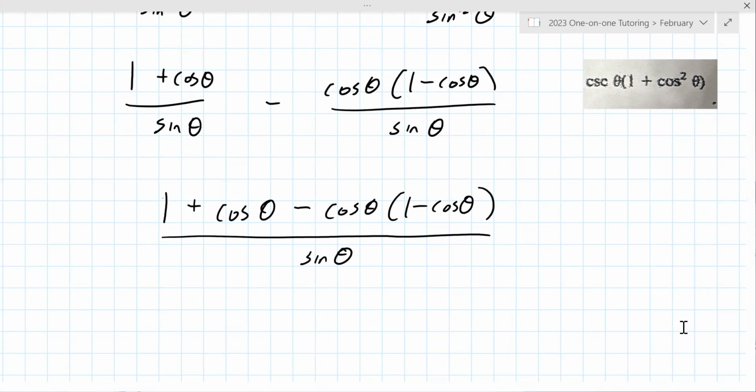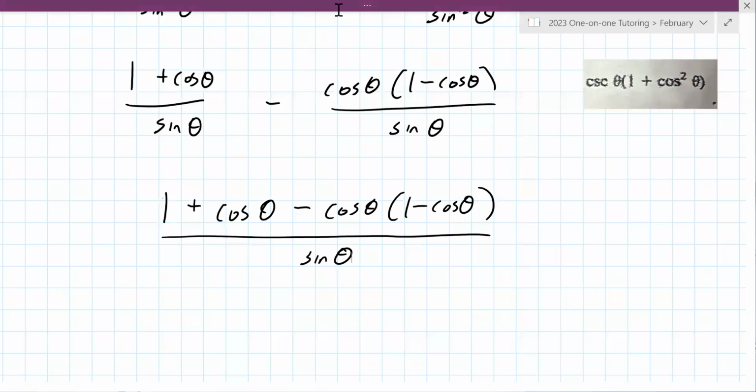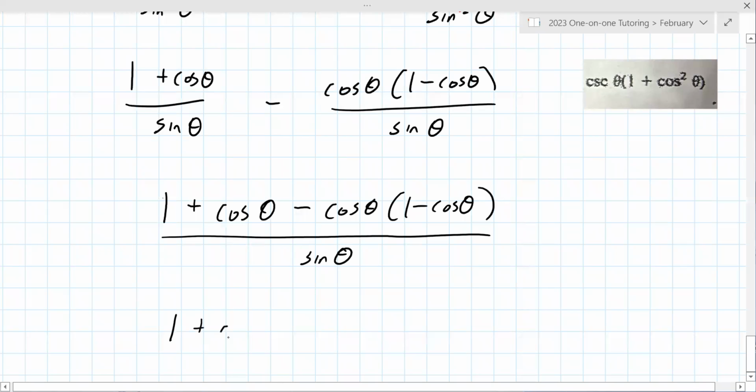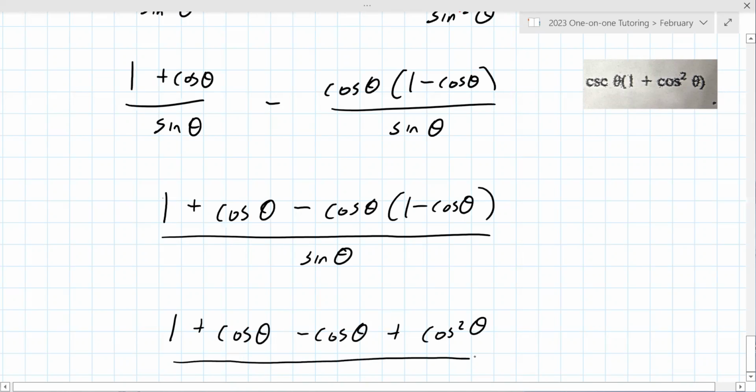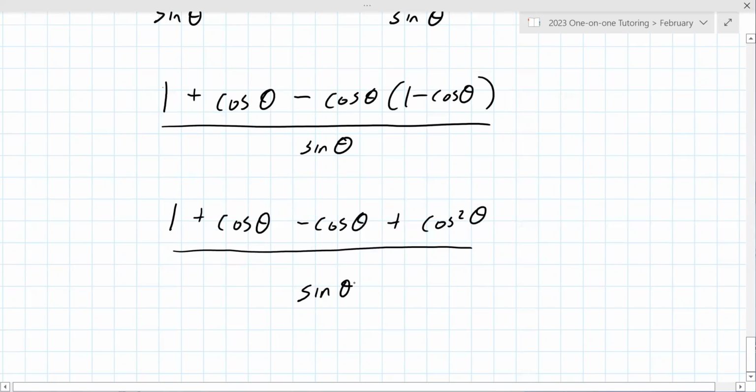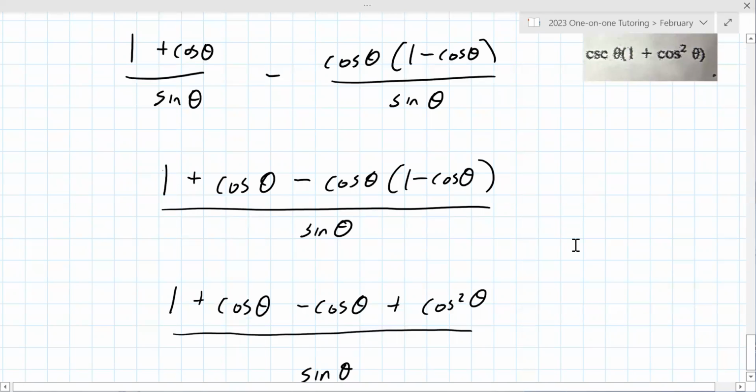Can you distribute the negative cosine theta? Yes. So 1 plus cosine theta minus cosine theta plus cosine squared theta over sine theta. So both the cosines cancel.